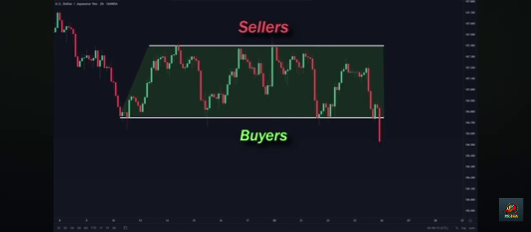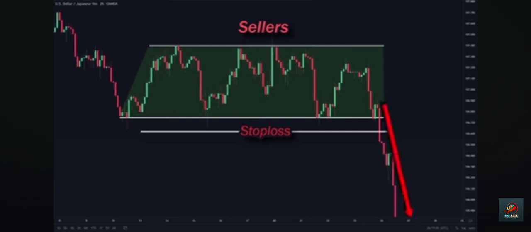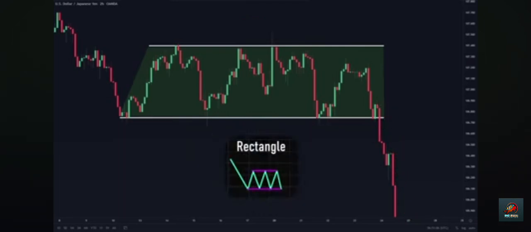And because sellers are stronger, buyers who bought at the support level are forced to close their position, because most of the time, a stop loss is placed near a key level. So now, the buyers are getting stopped out, plus sellers keep pushing, so the downside momentum becomes much stronger. Not to mention, breakout traders like us who saw this opportunity also decide to join in. So all these factors combined cause the price to push lower and lower, which causes a breakout pattern to form.